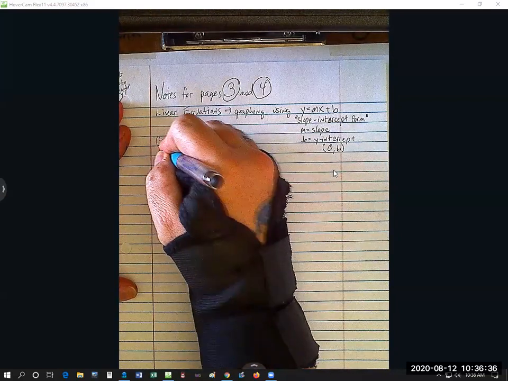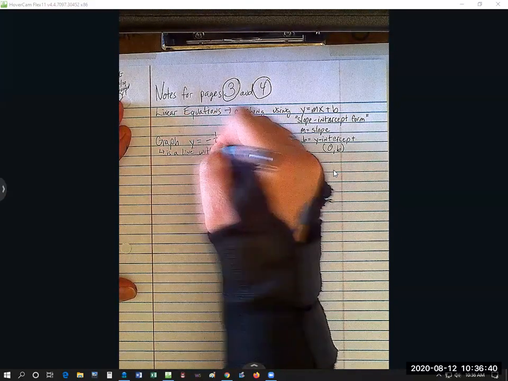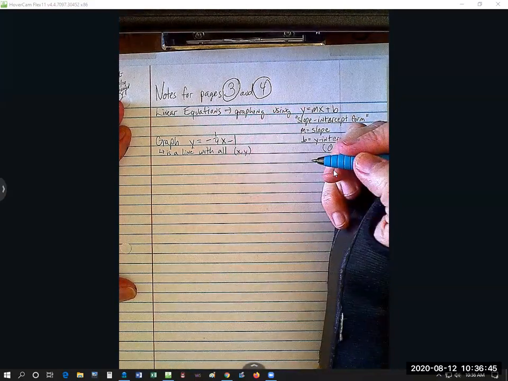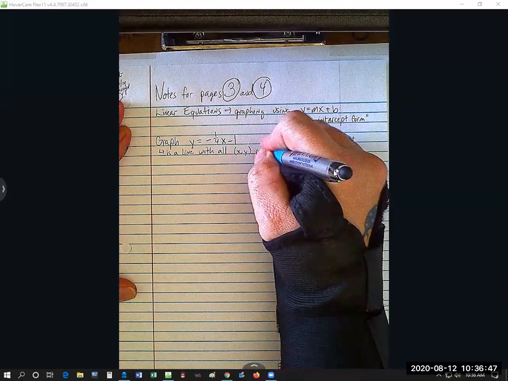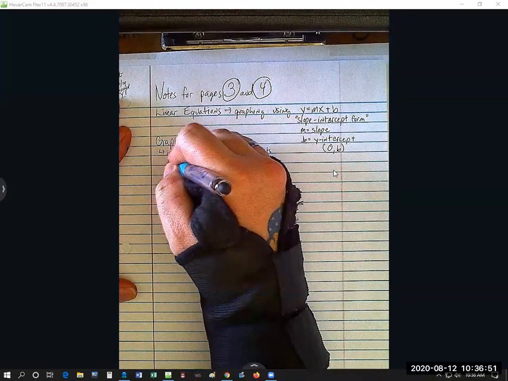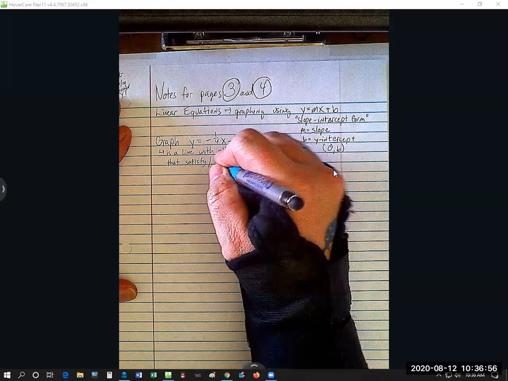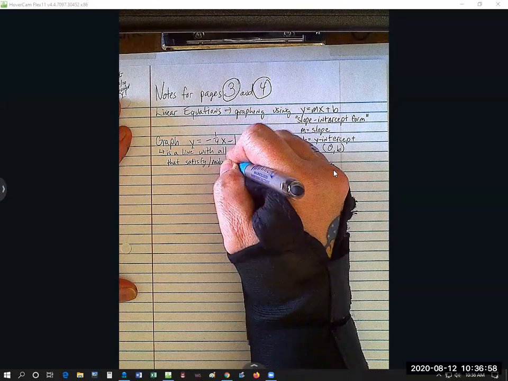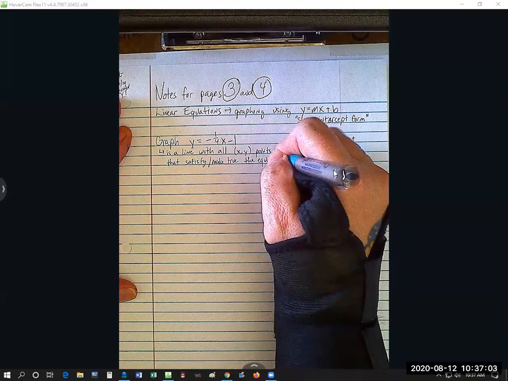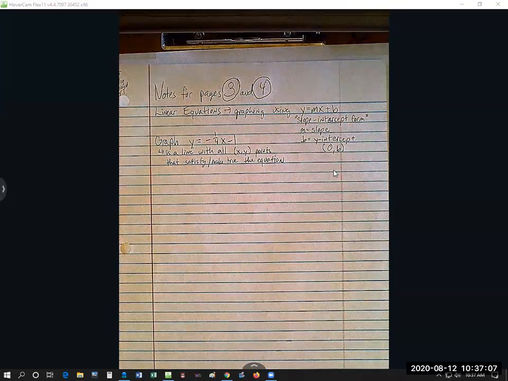So the graph is a line with all of those xy combinations. Those are all points that satisfy, or another way of saying it is make true, that equation. And if this is an inequality, that would be make the inequality true.